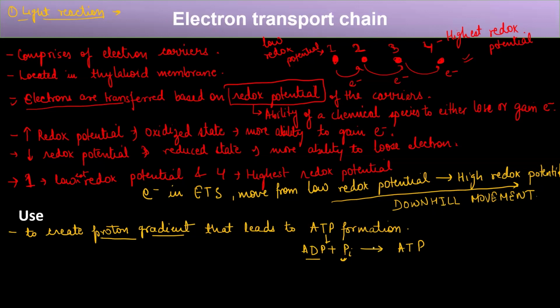So this process of ATP formation is known as phosphorylation. Now, if it is happening during photosynthesis, then this process will be called photophosphorylation because it is happening in the presence of light.